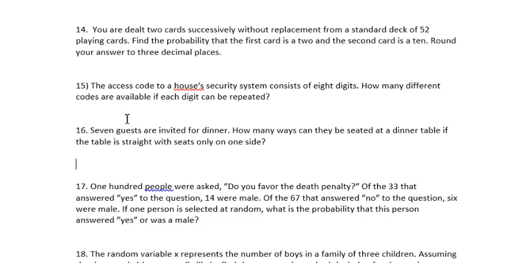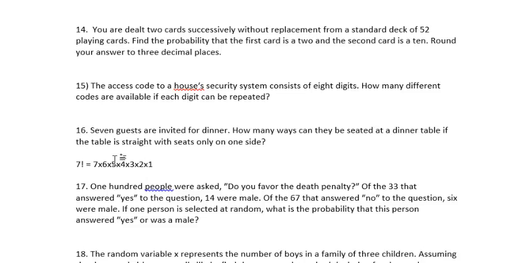7 guests are invited for dinner. How many ways can they be seated at the dinner table if the table is straight with seats on only one side? Now for combinations or different possibilities, there are 3 different things that are covered. First, if you want just the different arrangements of any combination of things happening, like the order of 7 people in this case, you take the total number of people and seats, which is 7, and do 7 factorial. 7 factorial means 7 times 6 times 5 times 4 times 3 times 2 times 1.